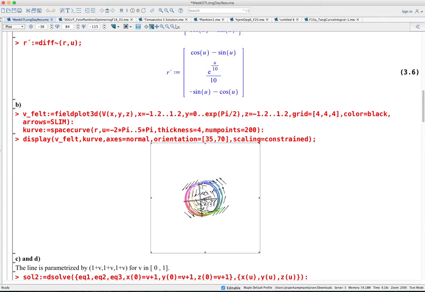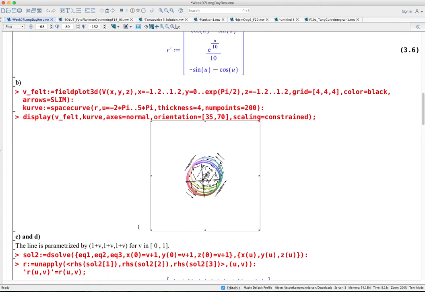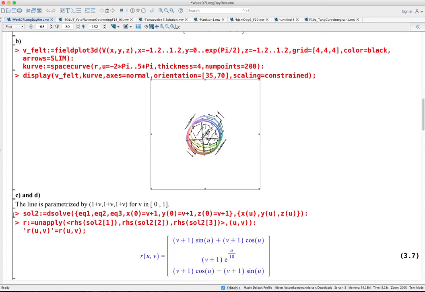Now, if instead we want to see how a line segment develops as u increases, I can do this by parameterizing this line segment. This is question C and D of the exercise. If I parameterize it in the following way with the parameter v, you can see that v is running from 0 to 1.